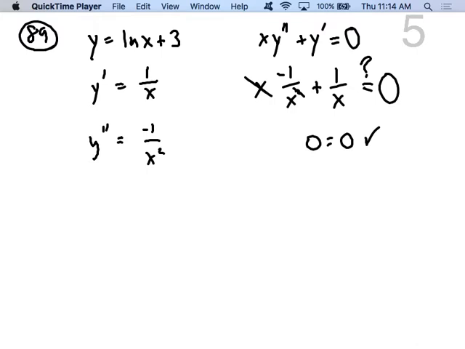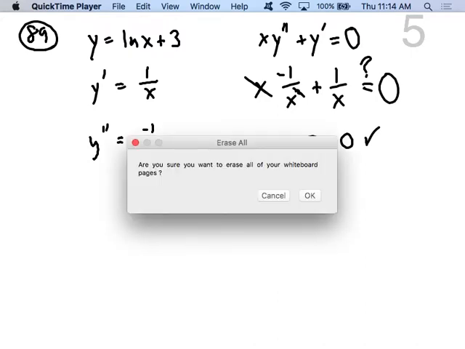Okay, good. Staple both days together and pass those forward, please. I'm confused.